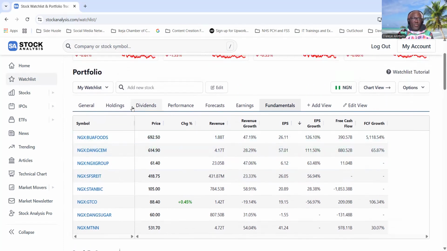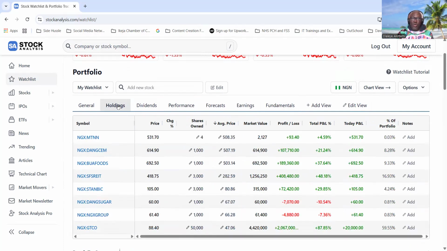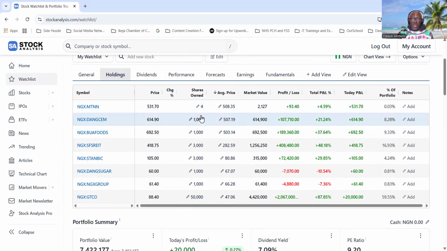So, for example, let's say you click on holding. You can always change the number of shares you own, and once you change it, the tool will do a recalculation. At the moment, I have 4 units of MTN.